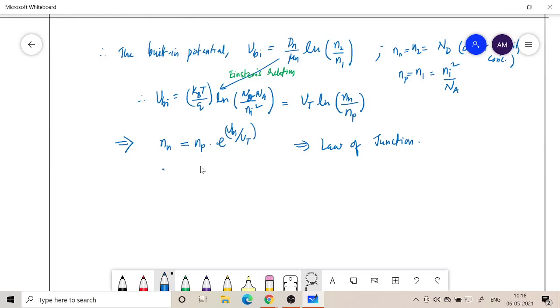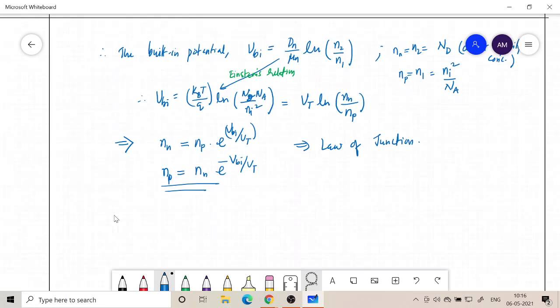And I can also write this like NP, because we are going to look at the minority carrier concentration in the base region, where electrons are coming into the base region and the carrier concentration is increasing, so that is going to be nn into e raised to minus VBI by VT. It is the same relationship, I just took this exponential term to the other side. So if you bring it to the numerator, it will have a minus sign. So this is what we need to use.